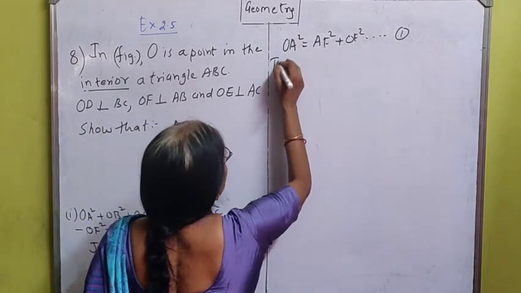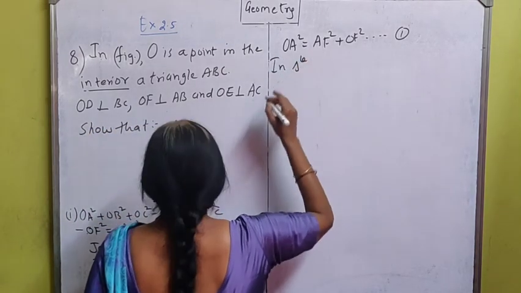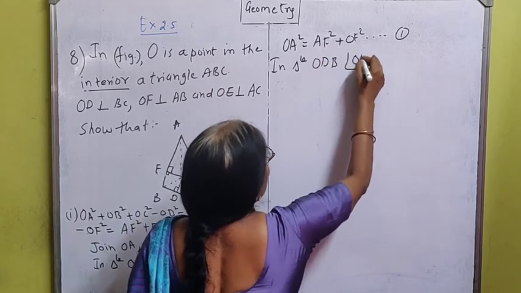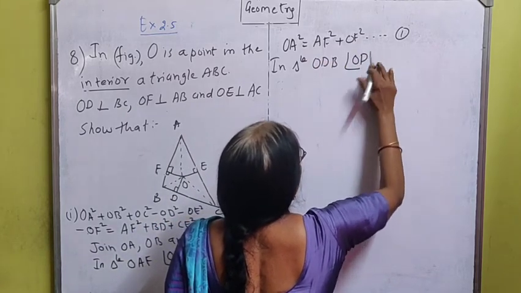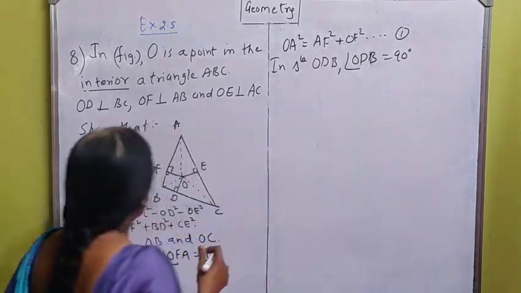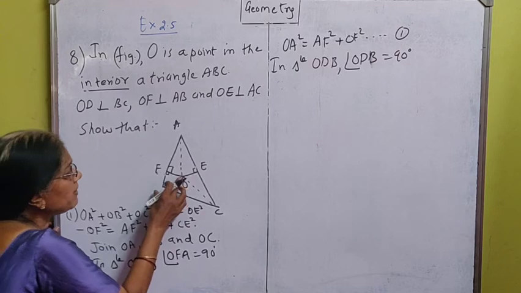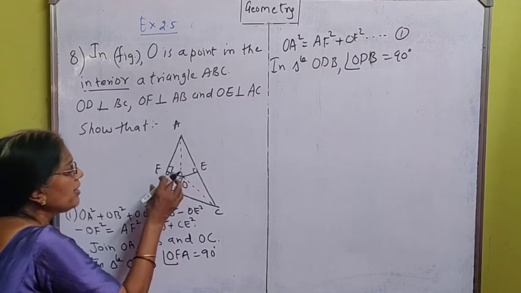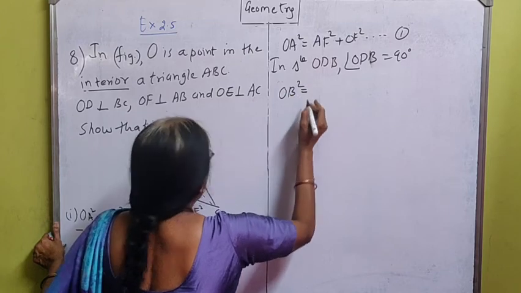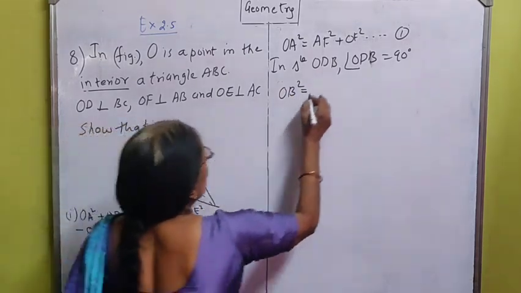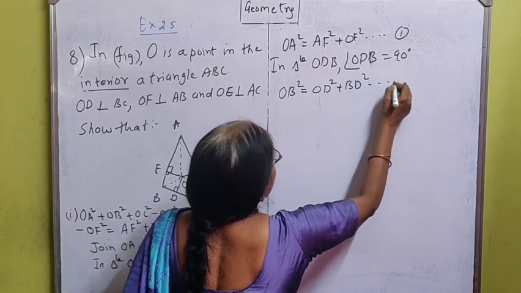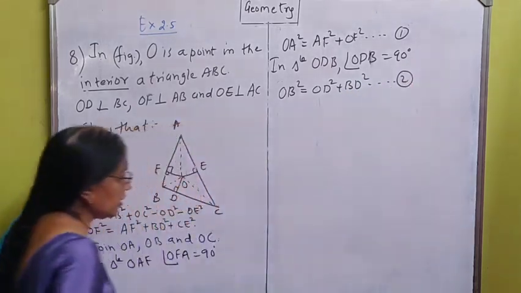So the second triangle, in triangle ODB, angle ODB is equal to 90 degrees. Very important. So OB became the hypotenuse. So OB square is equal to OD square plus BD square. This is your second equation.